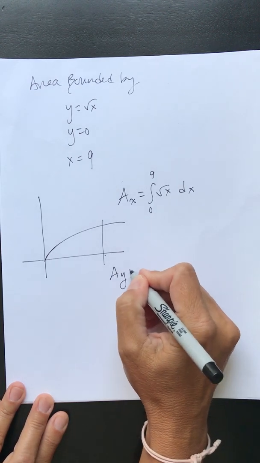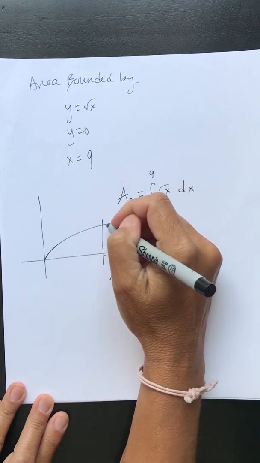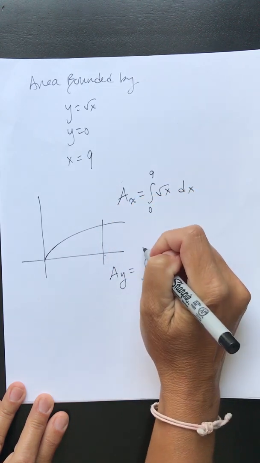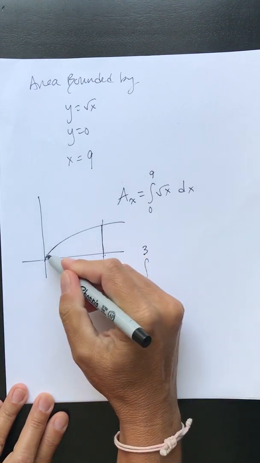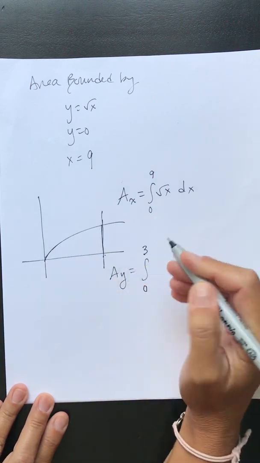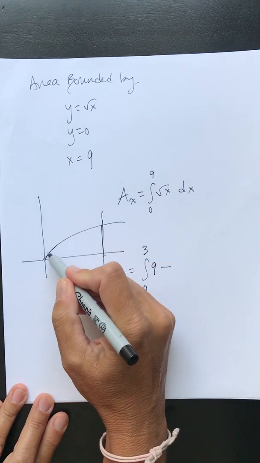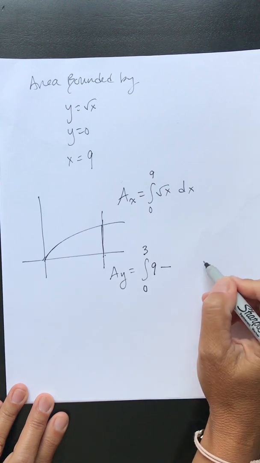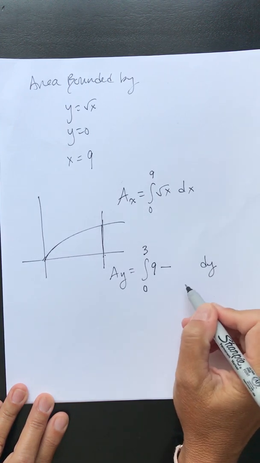To find my area in terms of y, well, my y values accumulate from 0 up to rad 9. And in terms of y, we always want to do right minus left. So on this right side, I have the line x equals 9 minus I have rad x. But if I'm going to have y's on here, I need my variable to also be a y.